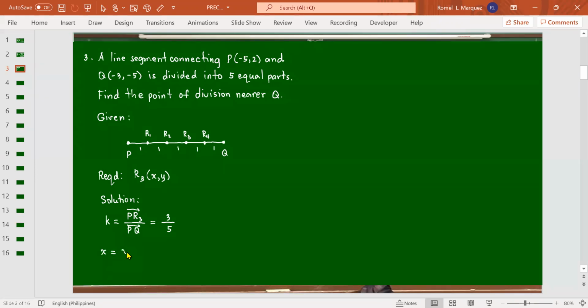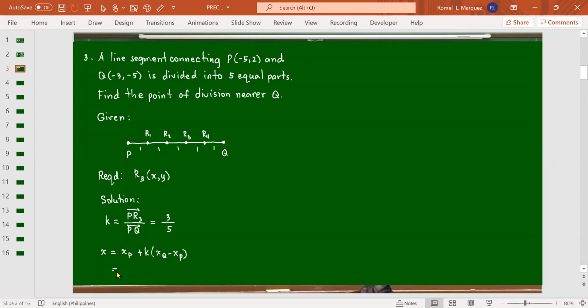What is my x? x is equal to x sub p plus k times x sub q minus x sub p.